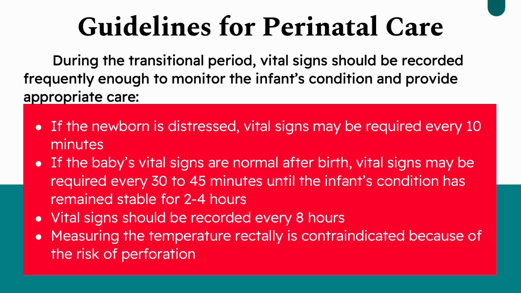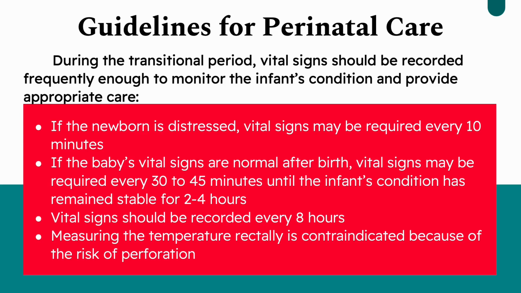If the baby's vitals are normal after birth, vital signs may be required every 30 to 45 minutes until the infant's condition has remained stable for 2 to 4 hours. Vital signs should be recorded at least once every 8 hours. Measuring the temperature rectally is contraindicated because of the risk of perforation.